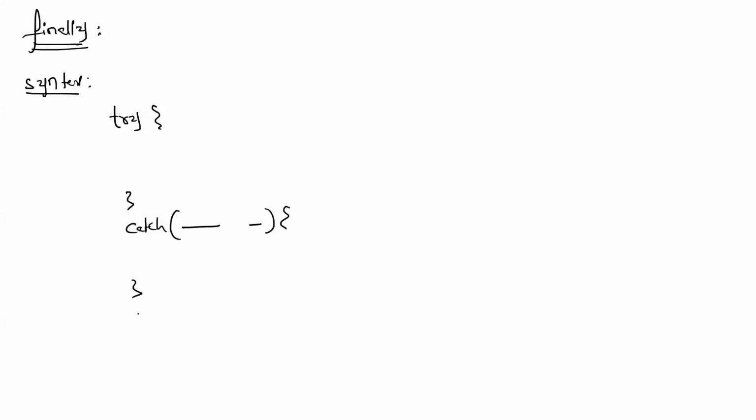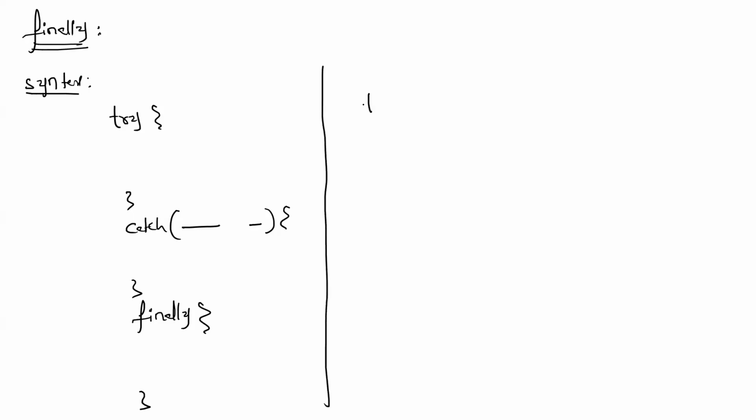So here we have to use the finally block. Try, catch, then finally is a possible syntax. It means finally can be used along with try catch. Along with try catch only. Alone, finally will not exist.